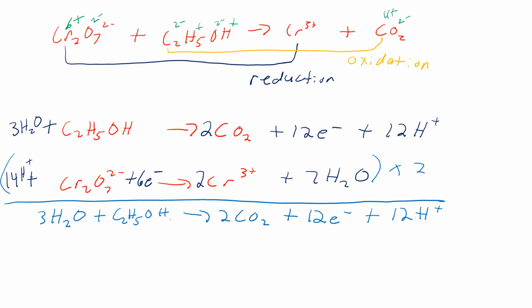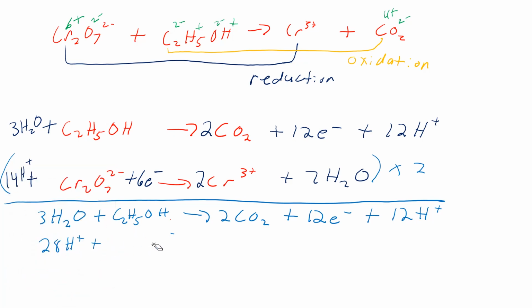Then our second reaction, we've got to multiply everything by 2, so we're going to have 28H positive plus Cr2O7 2 negative plus 6 electrons. Actually, we're going to have 12 electrons.